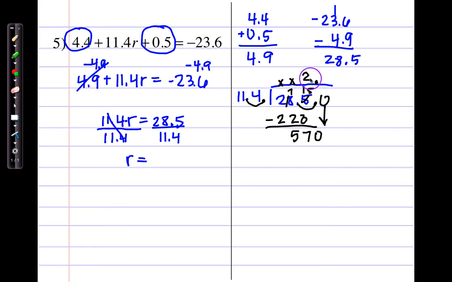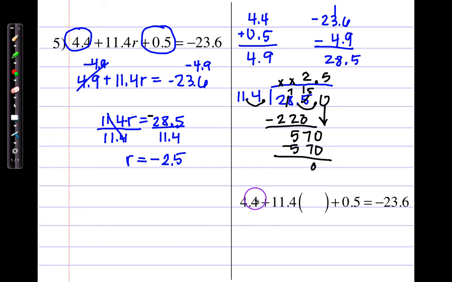And this is going to go into that 5 times exactly. So I'm going to say my answer is, well here, oops, I almost forgot, since these are negative, my answer is going to be negative here. So here, a negative divided by a positive is a negative, so my answer is R equals -2.5.